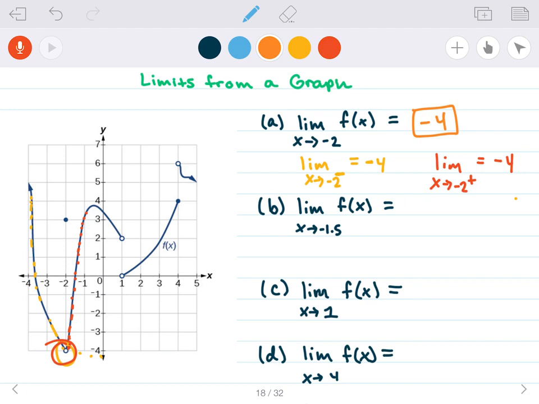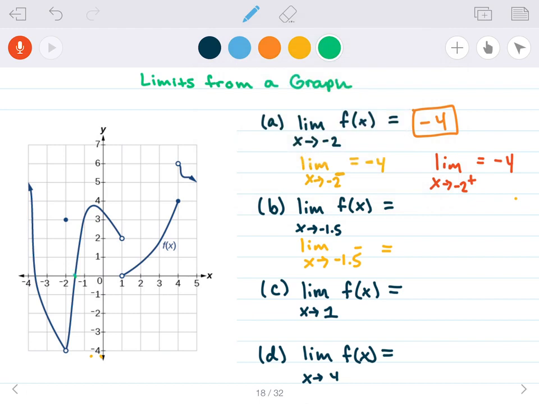Okay, let's look at what happens with -1.5. So let's see what happens when we come to -1.5 from the left. Let's find out where that is first. Let's do it in green.